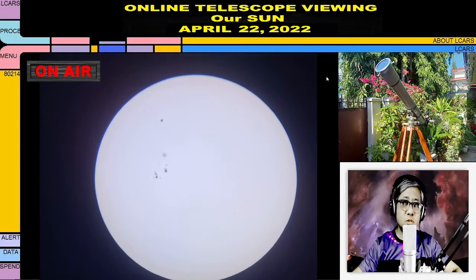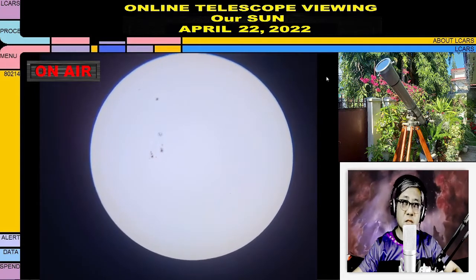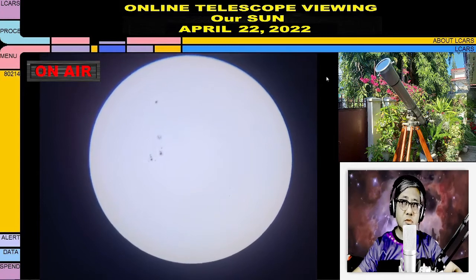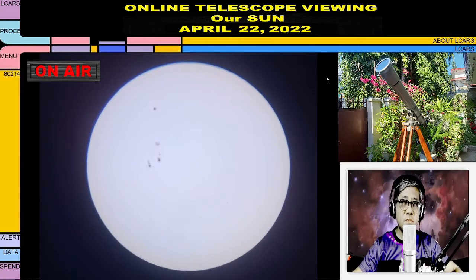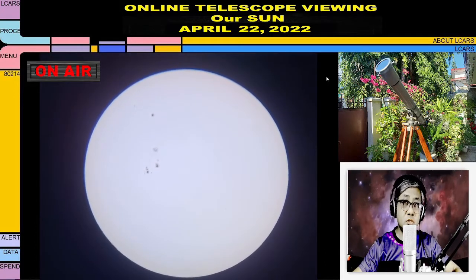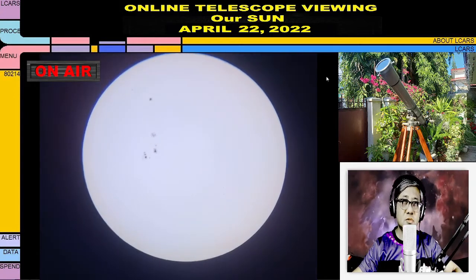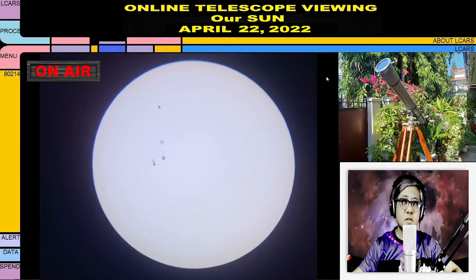The photosphere has a temperature of about 5,800 degrees Kelvin. So talagang mainit. And sunspots have temperatures of about 3,800 degrees, so medyo mababa yung temperature niya as compared to the surrounding photosphere.